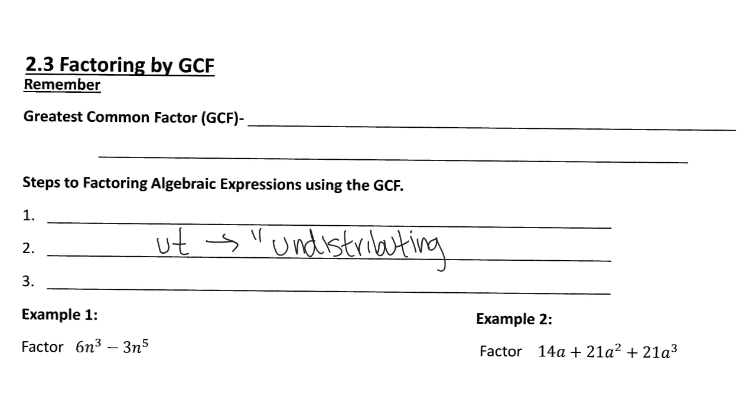Remember, when we found the GCF of something, we took that out of what we originally had. And then that leaves us with our resulting factor, which is really just to simplify.